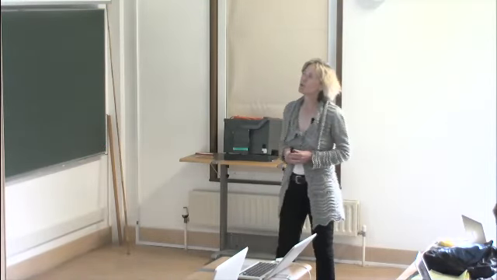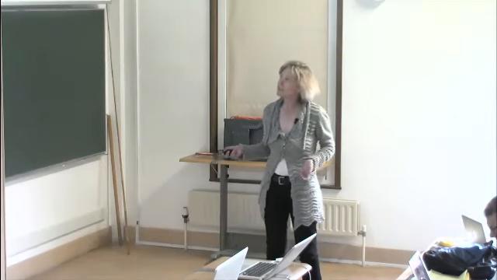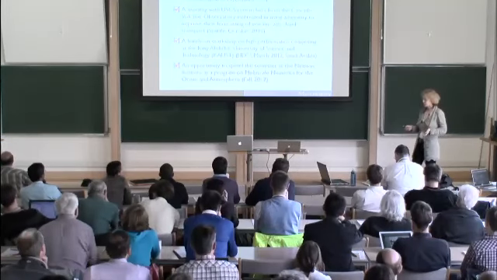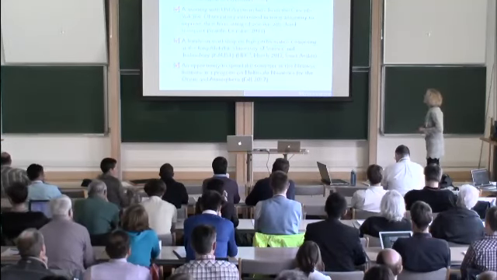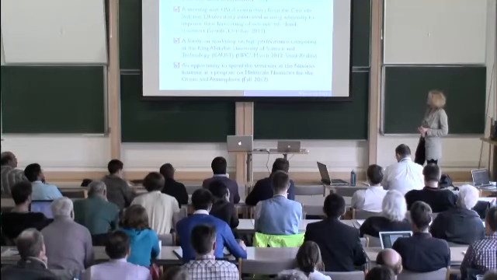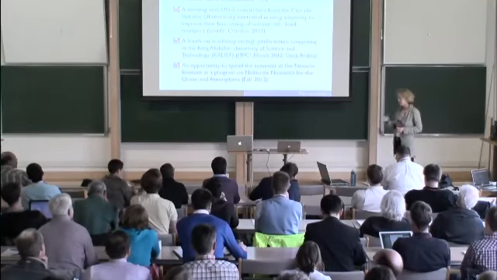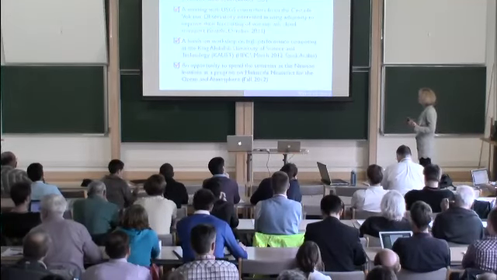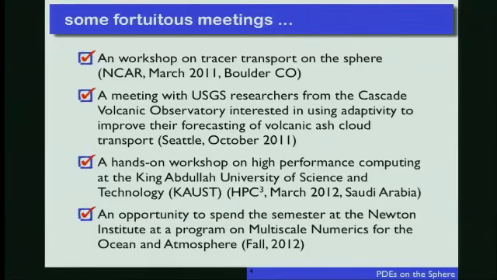Then a meeting with some USGS researchers at the Cascade Volcano Observatory, interested in using adaptivity to improve their forecasting of volcanic ash cloud transport. Then a hands-on workshop where we did coding on high-performance computing, held at KAUST back in March of this year, where I met a number of people involved in high-performance computing issues. And finally this opportunity to come here for the semester on this program on multi-scale numerics for the ocean and atmosphere.